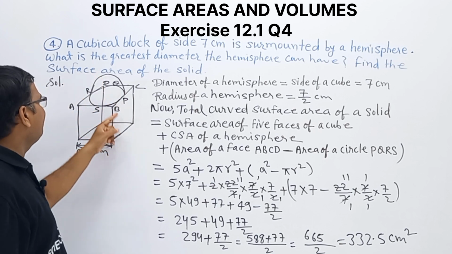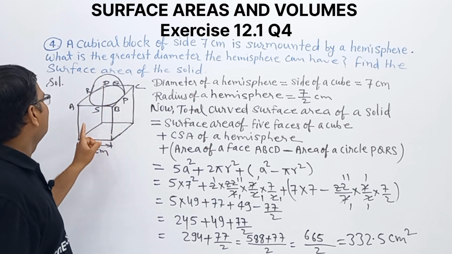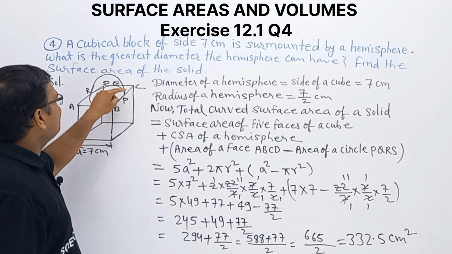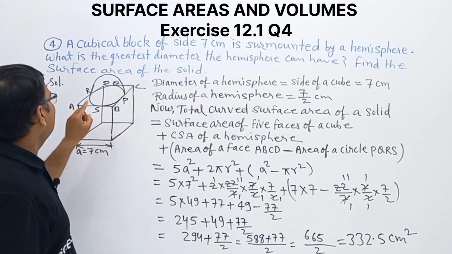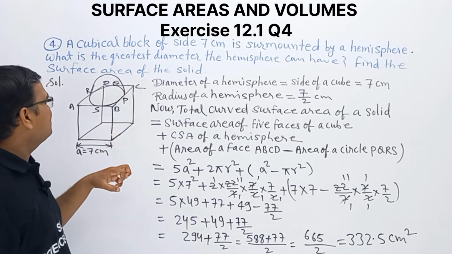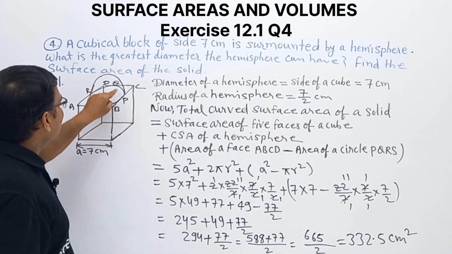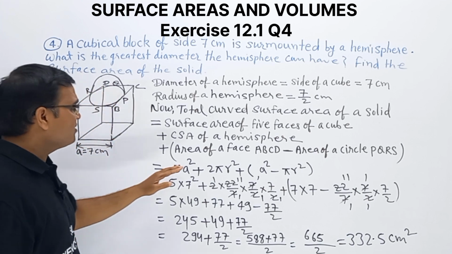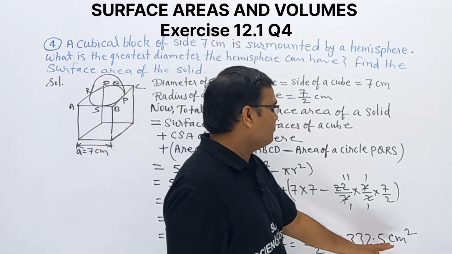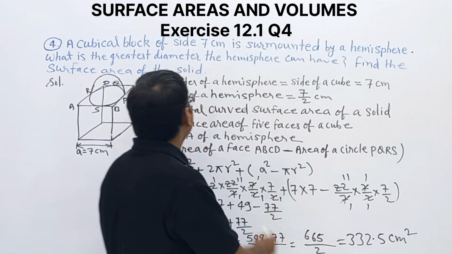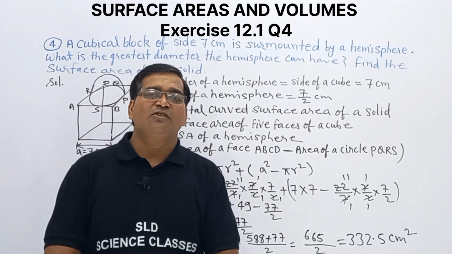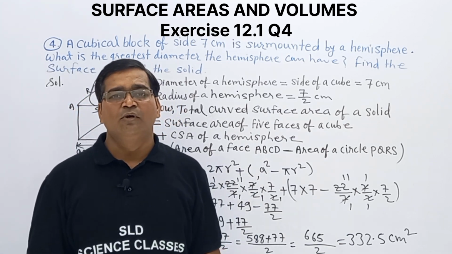This solid has surface area of 5 faces of a cube plus curved surface area of a hemisphere plus area of the top face of the cube minus this circle. Then we put the values and solve, and we get 332.5 centimeter square as the total curved surface area of the solid. I hope you understand this question. That's all about this question. Thank you so much.